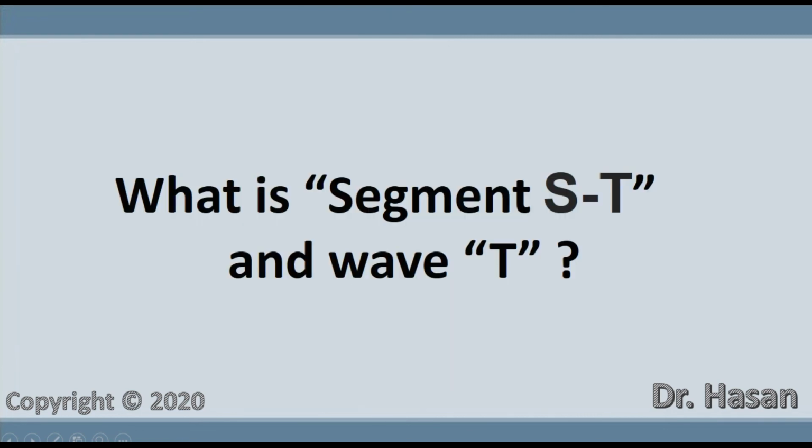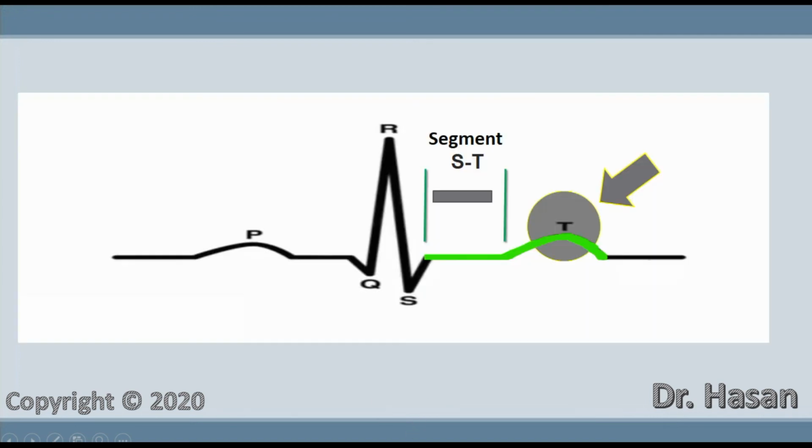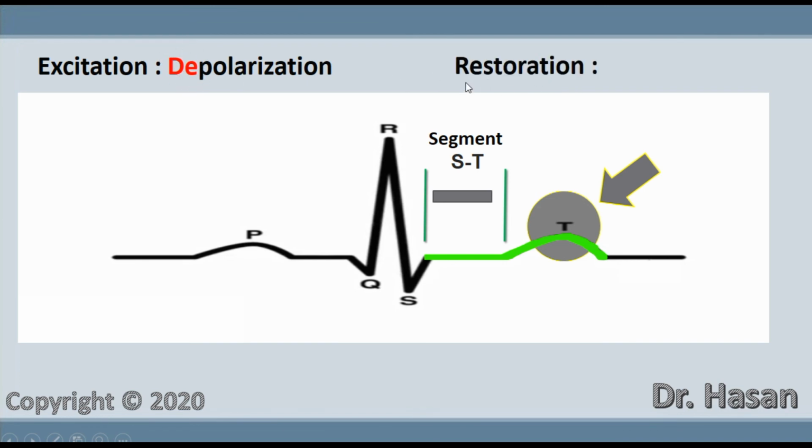Now, let's talk about what the ST segment and the T wave are. After the excitation of the ventricles has passed, they need to restore their potential to the original level. This means that restoration should occur. The scientific term for excitation is depolarization, and the scientific term for restoration to the initial level is repolarization. Remember, depolarization is the excitation and repolarization is the restoration to the initial level.